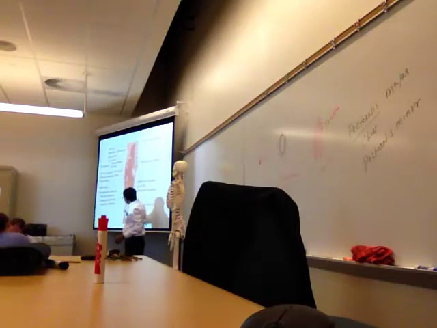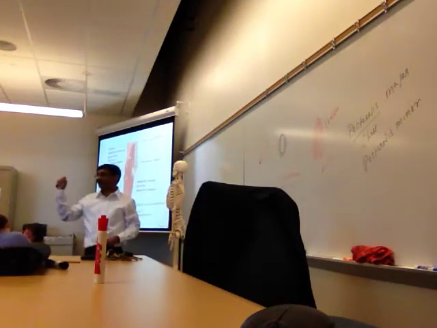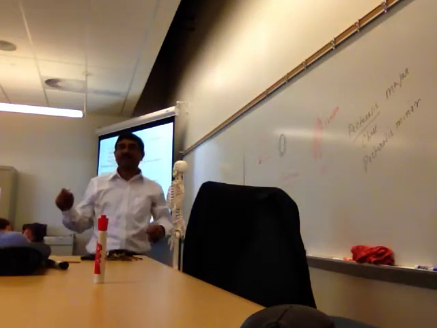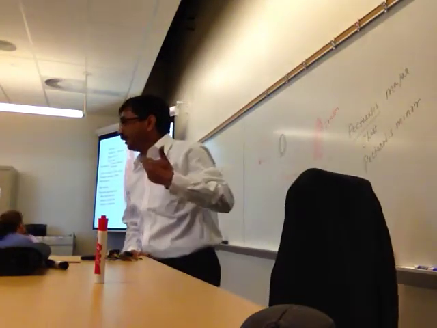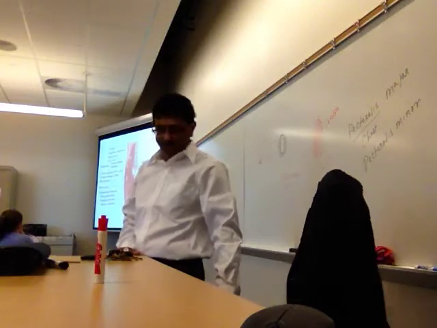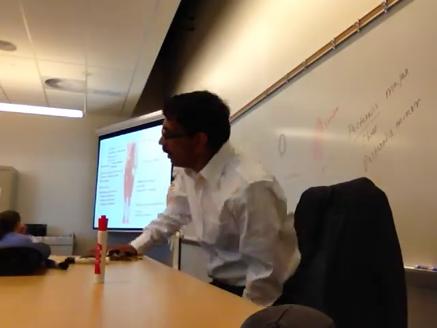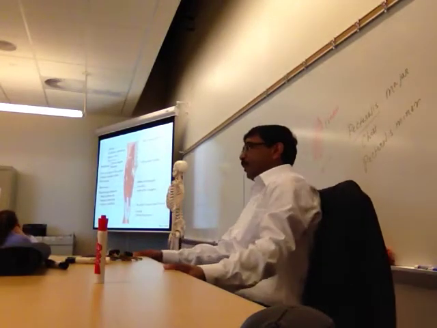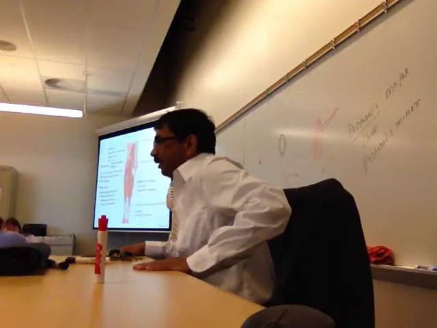Because muscle to bone. Why is this part ligament? Because bone to bone. Okay. So we know that ligament connects bone to bone and tendon connects muscle to bone. Same structure, but one is ligament, another is the tendon. Okay. So muscle to bone is the tendon, bone to bone is the ligament.